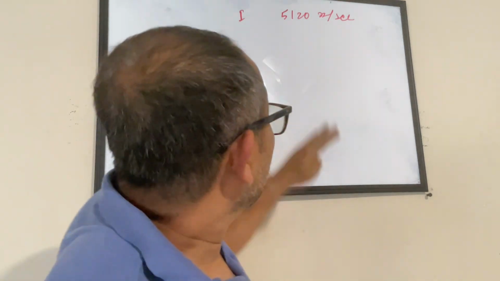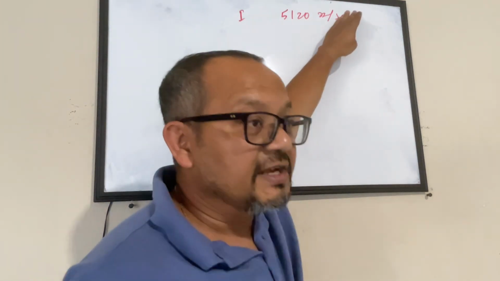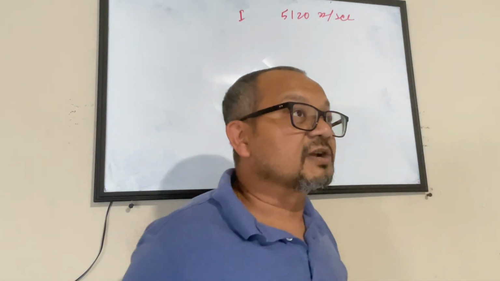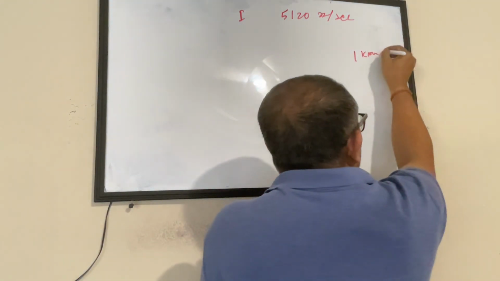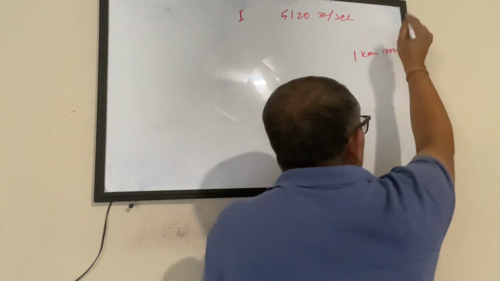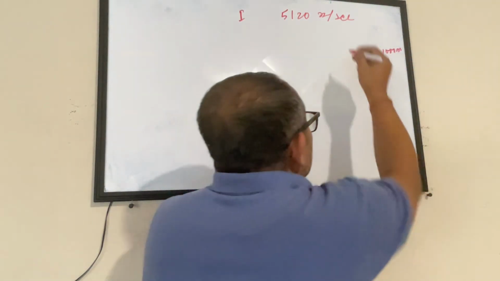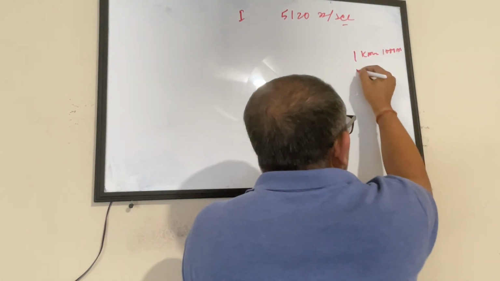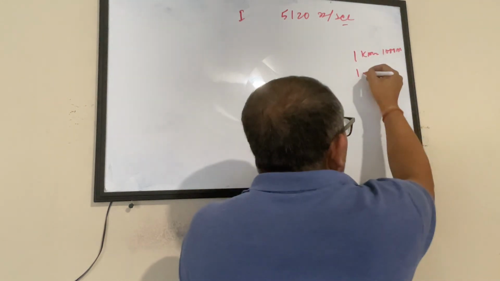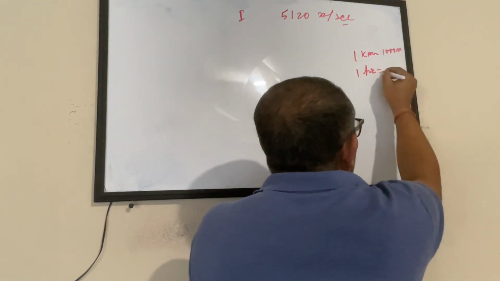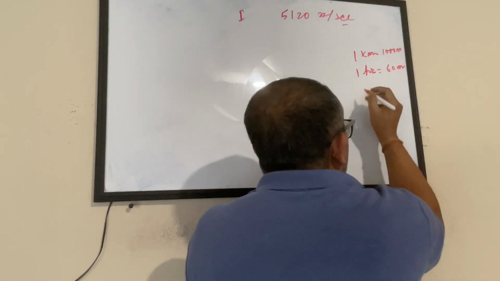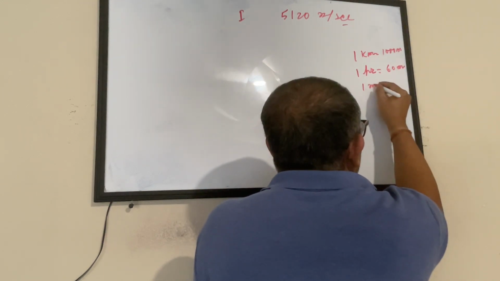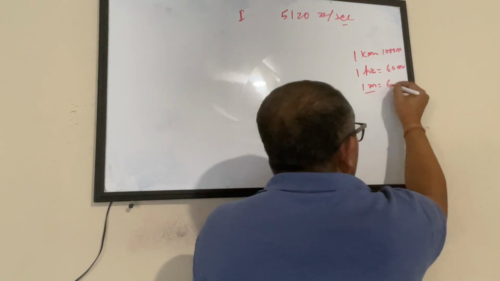Now go back. Other thing is we have this distance in second. It says find out the distance in kilometer per hour. So we know 1 kilometer equals 1000 meters. This is one conversion we know. And we are in second. It says find it in hour, and we also know that 1 hour equals 60 minutes, and 1 minute is equal to 60 seconds.